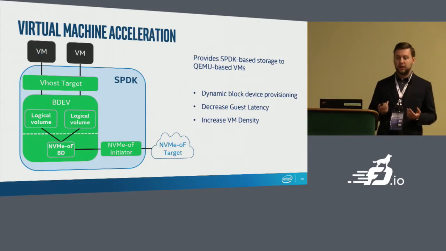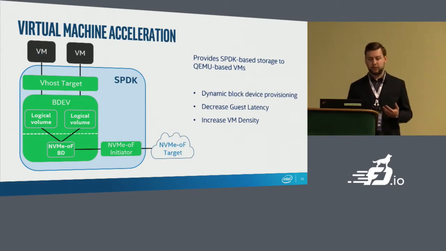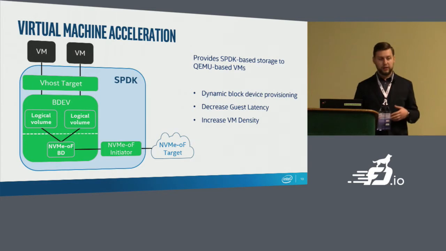The other one is getting the data from the network using, as an example, the NVMe over Fabrics initiator, which splits the provided device into logical volumes. That's another type of BDEV that we have, and exposes that to the VMs directly through the vhost target. This allows for dynamic provisioning of the devices, and the vhost itself decreases the guest latency, thus improving the VM density.